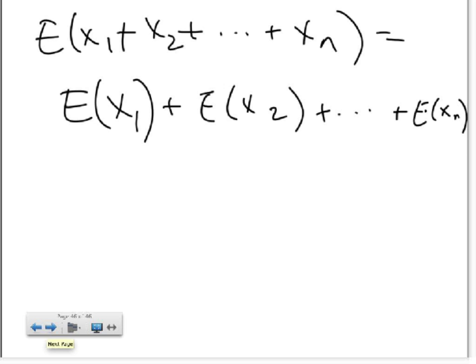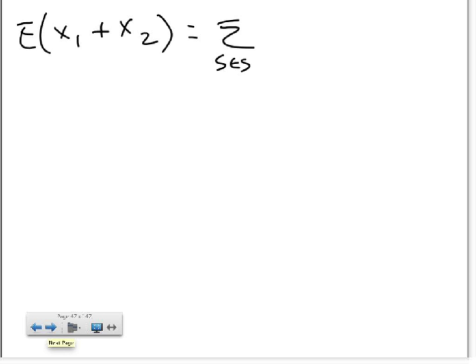I'm going to try to prove that. To start out, I'm going to say the expected value of X1 plus X2 equals the sum of the probability times (X1 plus X2).